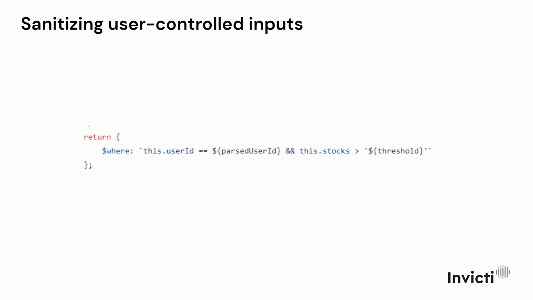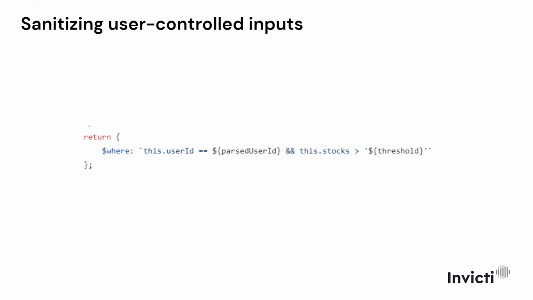Now, let's take another look at an example of a NoSQL injection. Here you can see a code snippet from the intentionally vulnerable OWASP NodeGoat application. One thing that will immediately get the attention of an experienced pen tester, and probably now you as well, now that you know about the dangers of the where operator, is the fact that there is JavaScript code in the where operator that uses dynamic input.